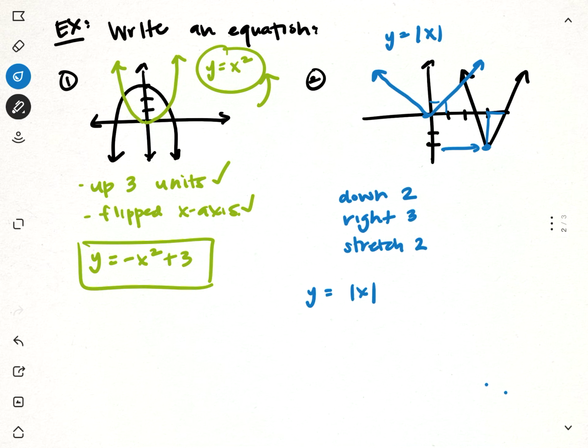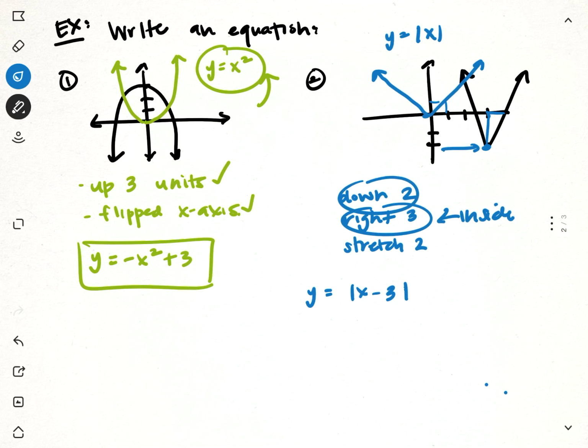All right, let's start with the inside first. It's probably easier. Because we went right 3, we said that it's opposite sign, so it's going to be -3 inside. Left and right is inside of the function. So our function is absolute value, and we're writing that -3 inside the absolute value.